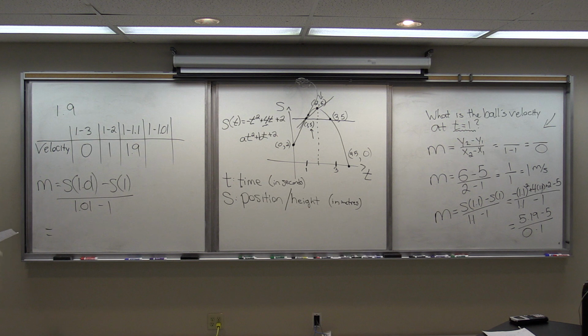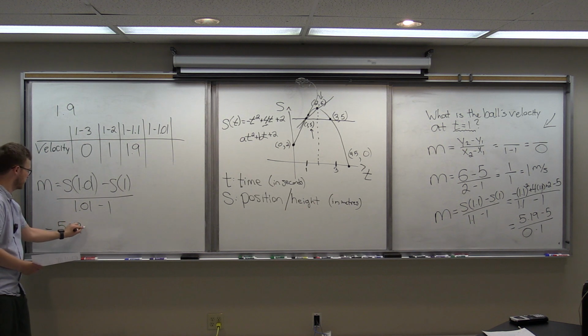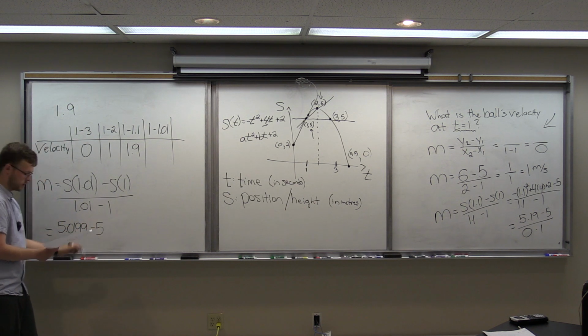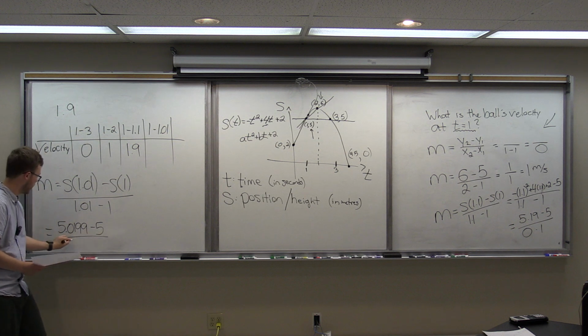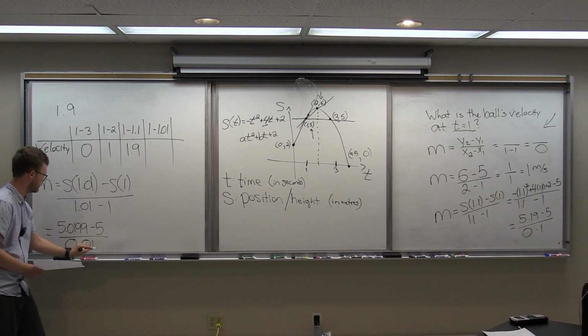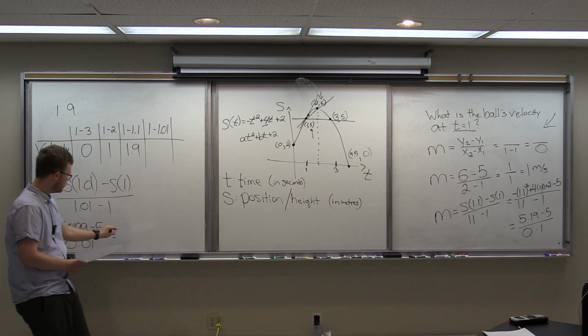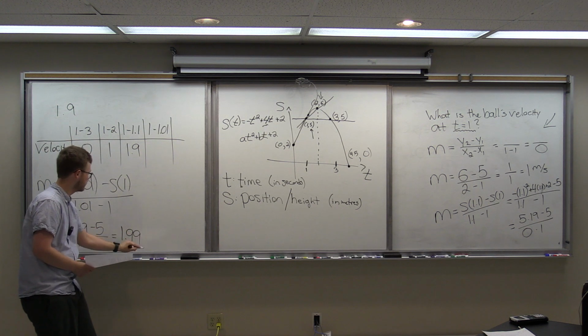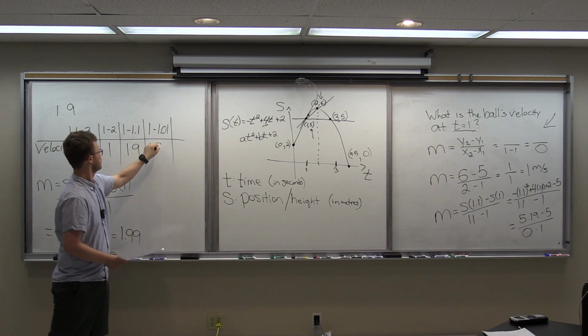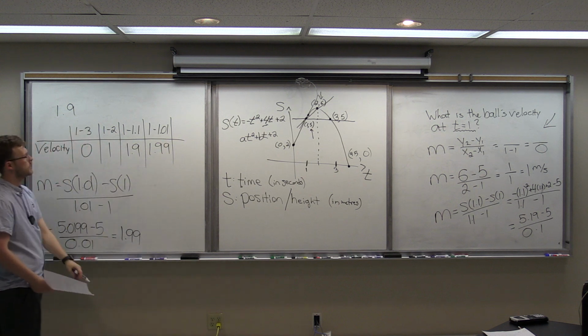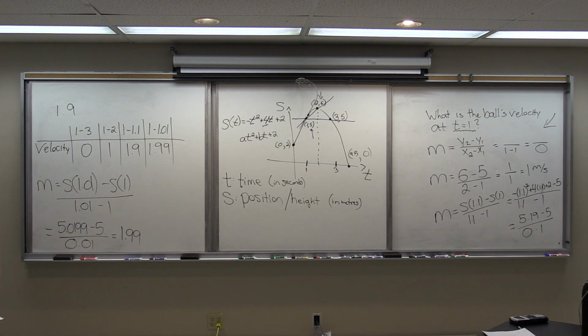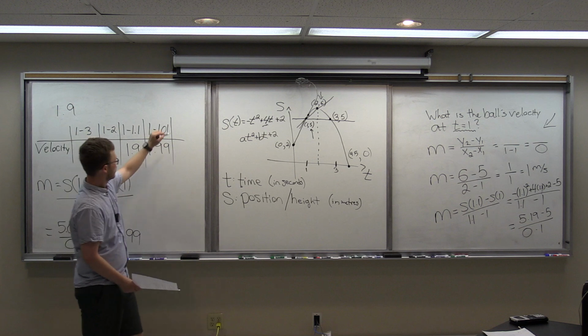Now, that should give you, if we do our calculations correctly, 5.0199 minus 5 divided by 0.01. Now, again, not a fun calculation to do by hand, but you can plug that into your calculator, and you will get 1.99. It's starting to become clear what we're approaching, but we'll do one more.